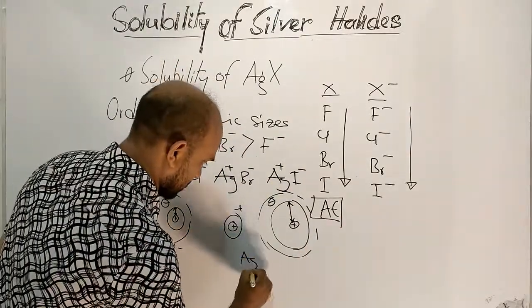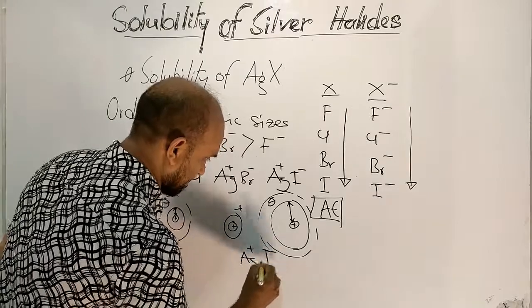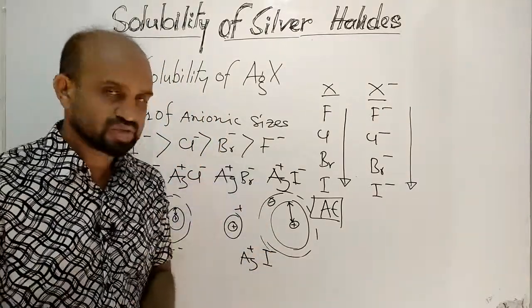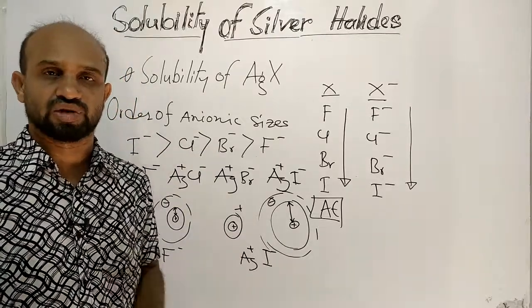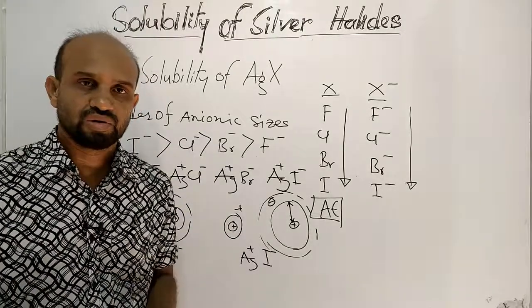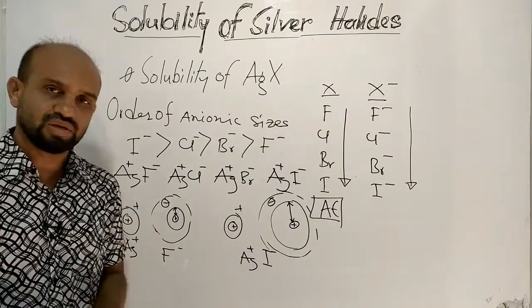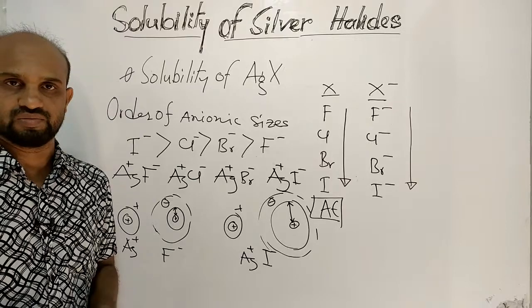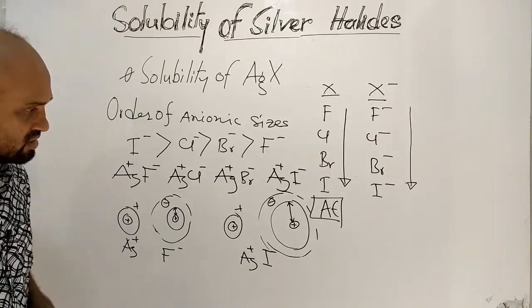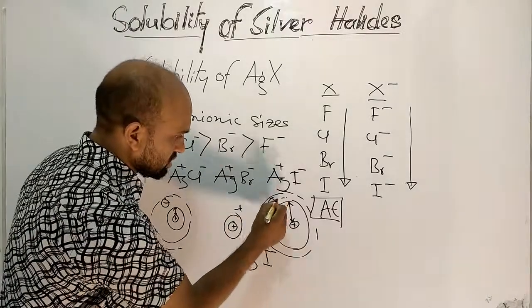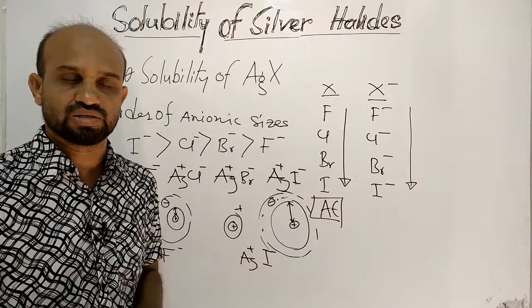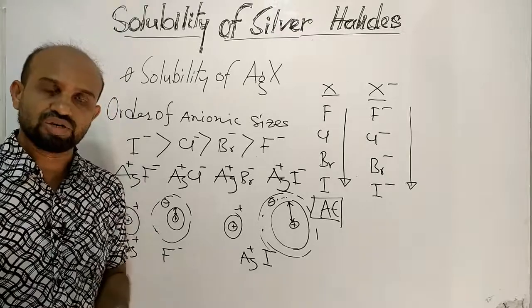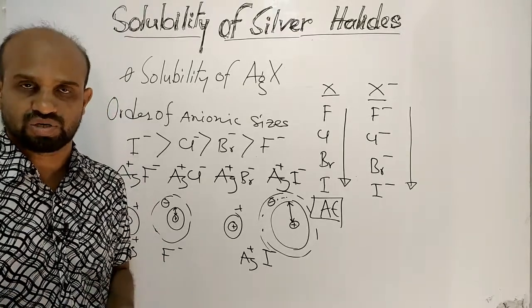This is silver iodide. So in case of iodide, the distance between nucleus and electron cloud is more compared to that of fluoride ion, and as a result this electron cloud is bonded to the nucleus loosely, and here this electron cloud is strongly bonded to the nucleus.